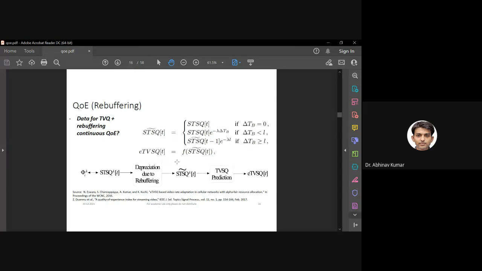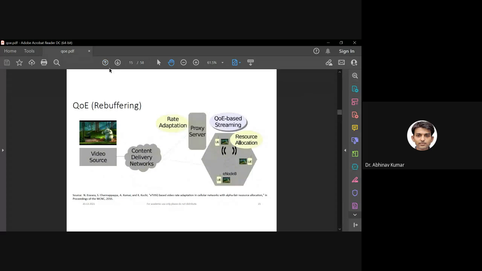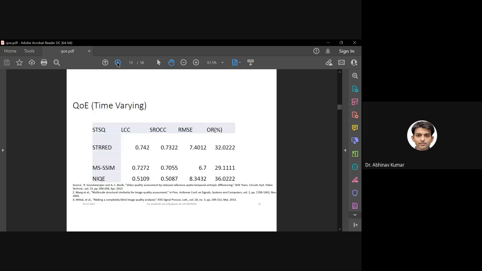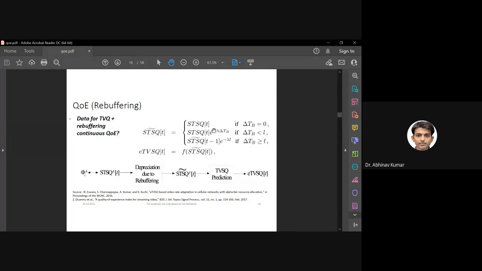So based on that, we came up with this model of STSQ: if there is no rebuffering, the STSQ model remains as it is, and we continue to compute it in the same fashion. However, if there is rebuffering happening, then the quality of experience should drop, and it should drop exponentially. That is why we added this factor of e to the power minus lambda delta TB, where delta TB is the duration of the rebuffering instance.